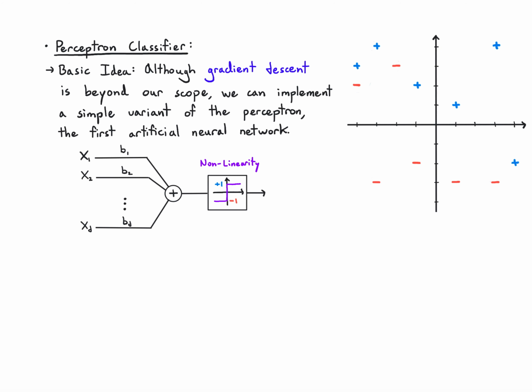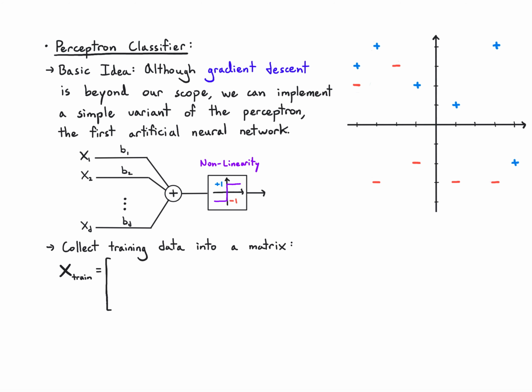The picture that you should have in mind here is the same thing as before. You take a sum of your inputs weighted by these b's, and you apply a nonlinearity, which in this case, if you're positive, you say +1, and if you're negative, you say -1. That's going to be our perceptron. The way to do this is I'm going to collect my training data and its labels into a matrix and a vector.